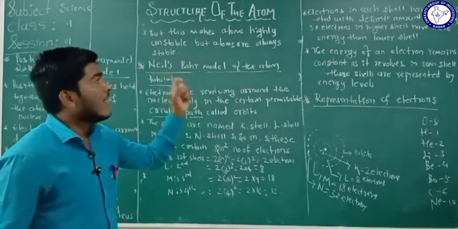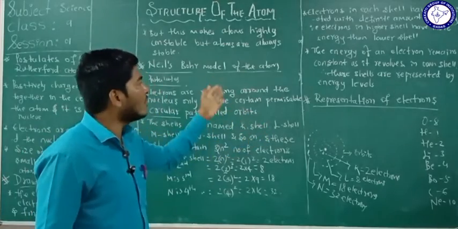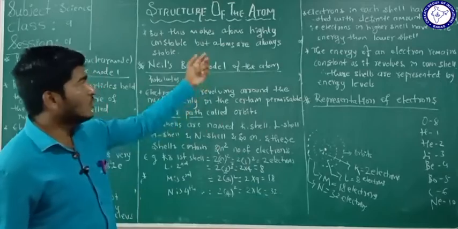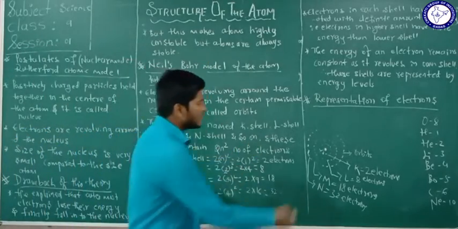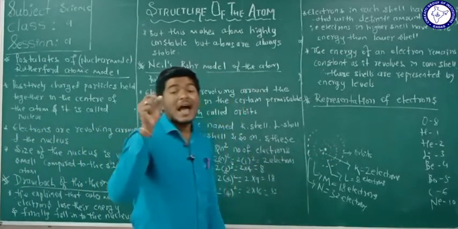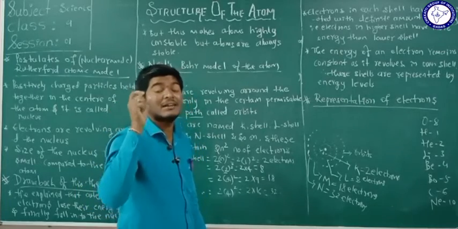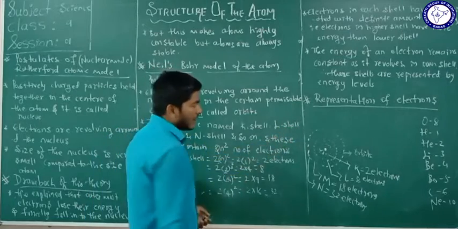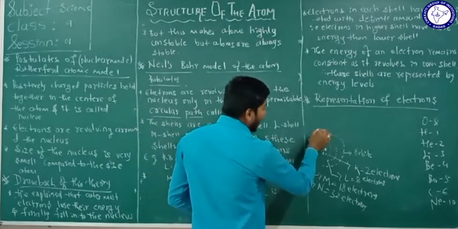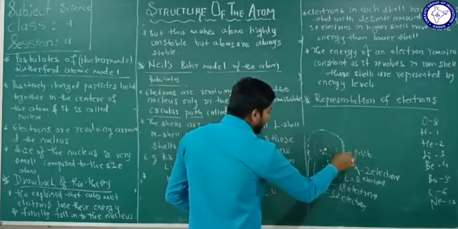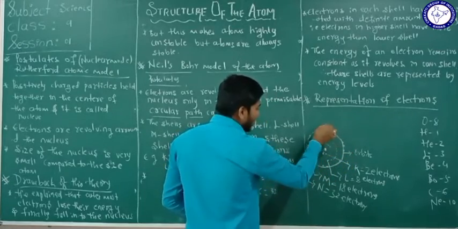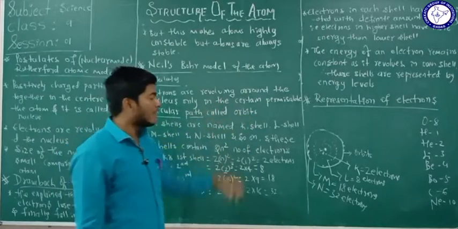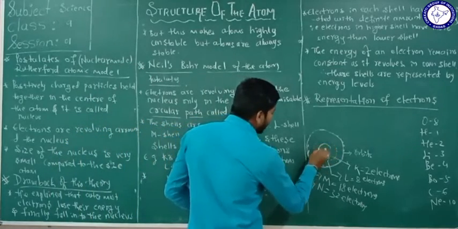Electrons in a higher shell have more energy than the electrons in the lower shells.